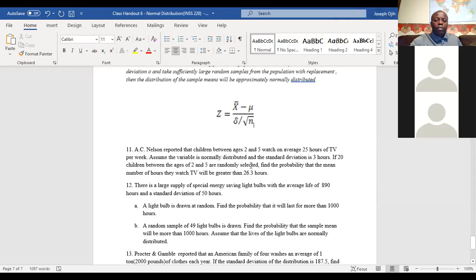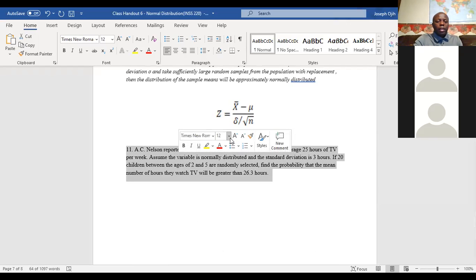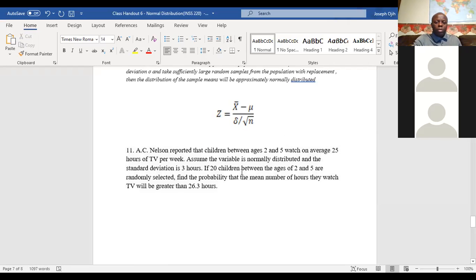Now, how do we figure this out? Let's look at this example. It says AC Nielsen reported that children between age 2 to 5 watch on average 25 hours of TV per week. Assume that this variable is normally distributed and the standard deviation is 3 hours.